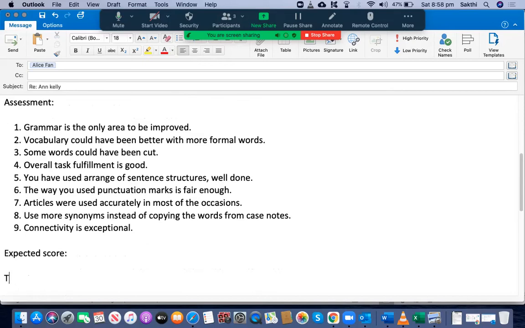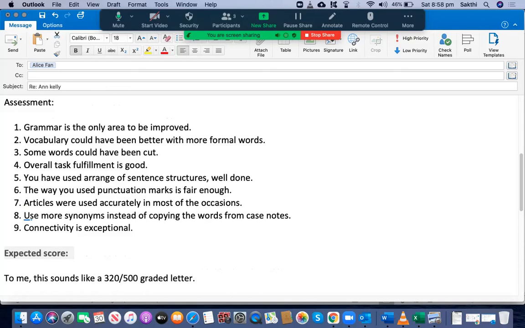Expected score: to me this sounds like a 320 out of 500 graded letter. You are really close. If you could have reduced those mistakes, I think this letter would easily get 350.